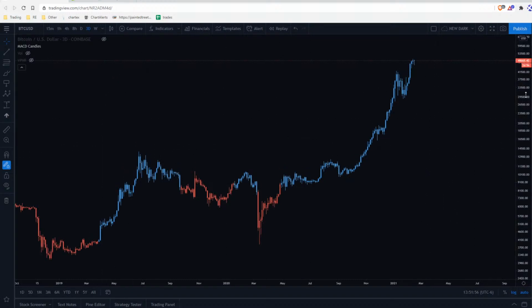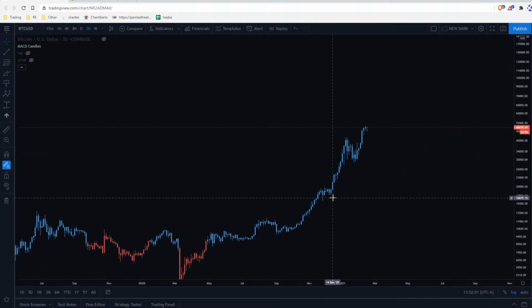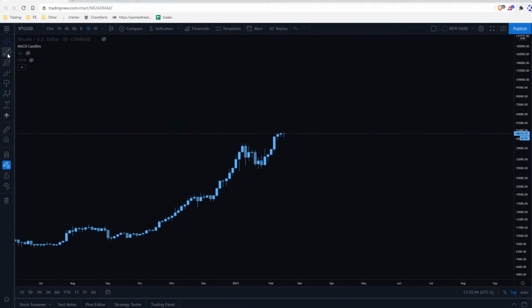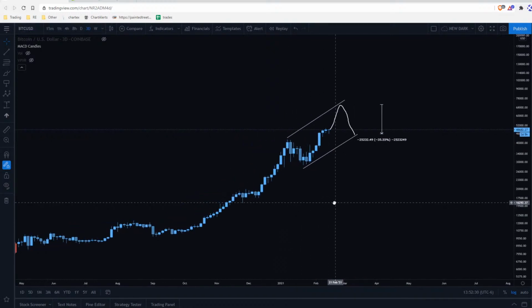What I'm suggesting is that we could have some kind of flat right here, up to like 65 to 72,000, and then this pullback would really wreck alts. 35%. So if Bitcoin pulls back 35%, we could see some alts pull back 70%. So maybe that's how Algo does what I'm talking about there.